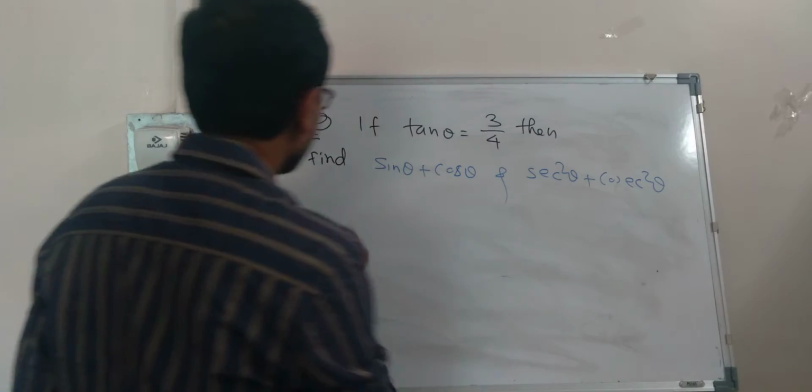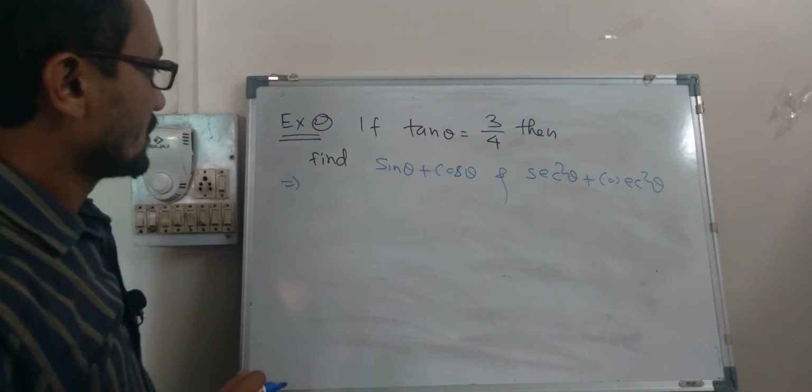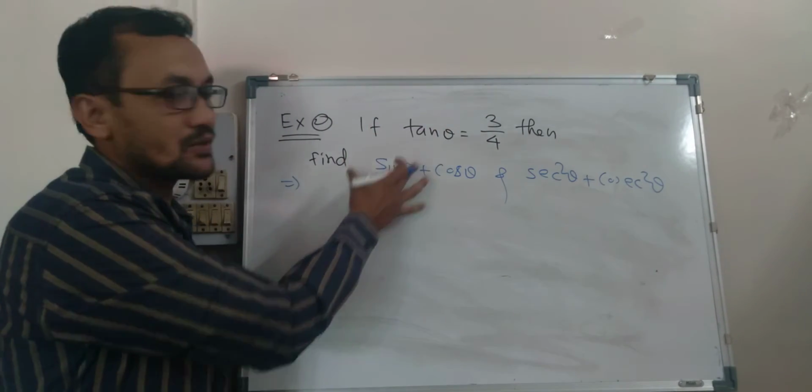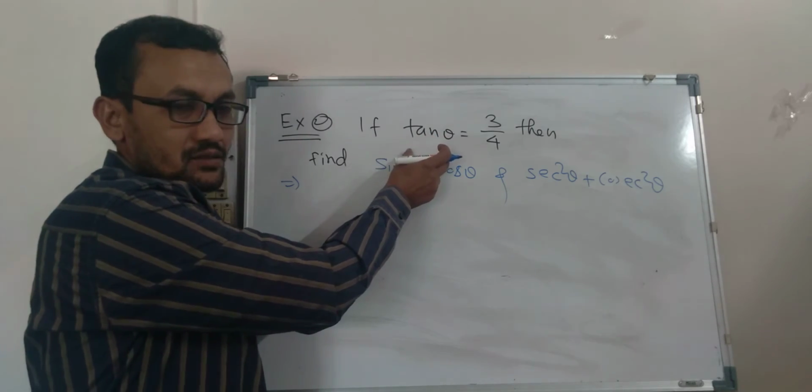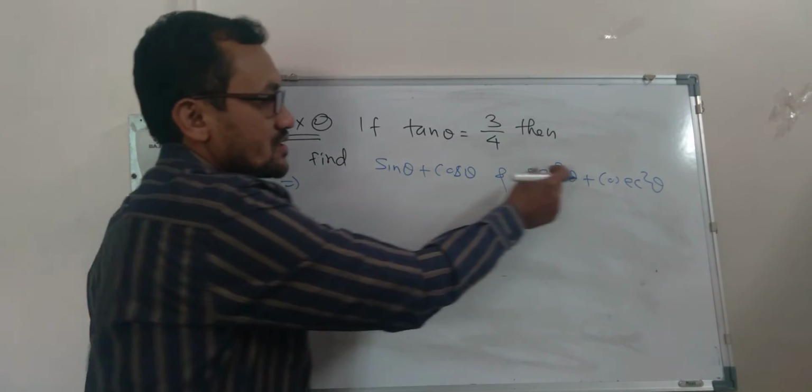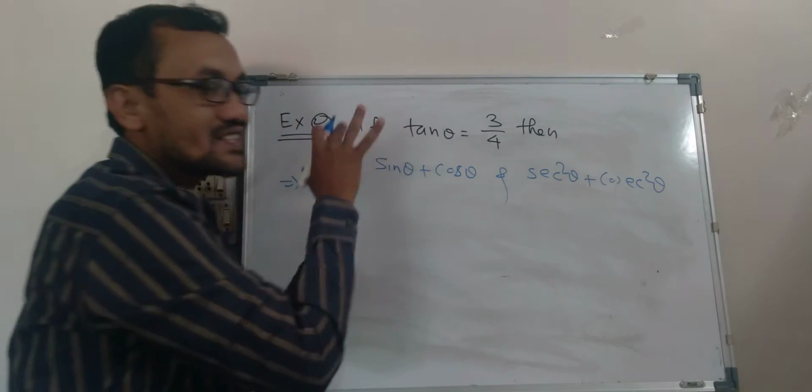Okay. So now again we have one trigonometry ratio. We have tan theta, so we need to find out sin theta, cos theta, sec theta, cosec theta using tan theta.